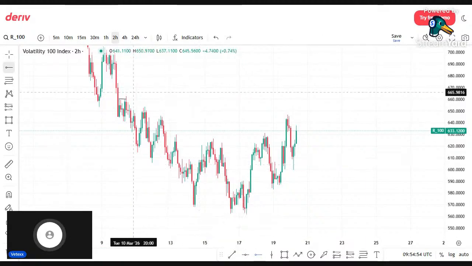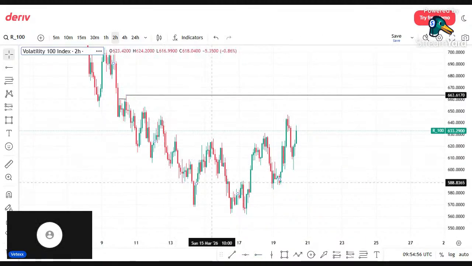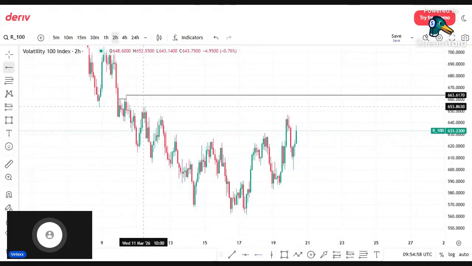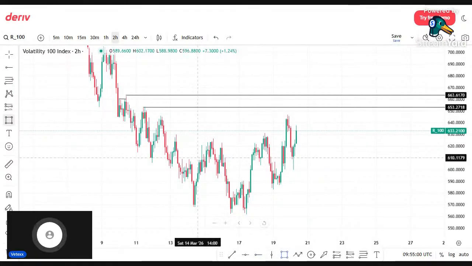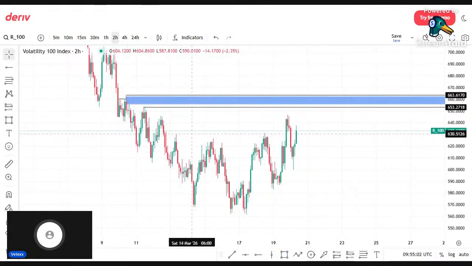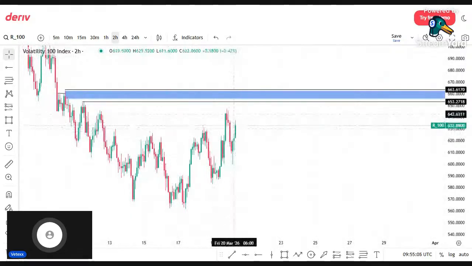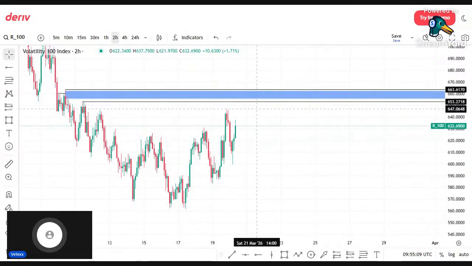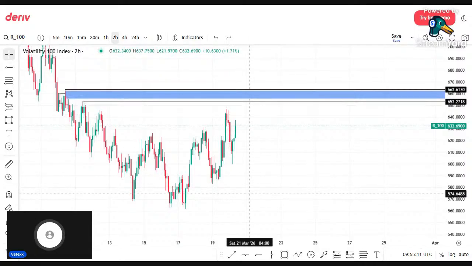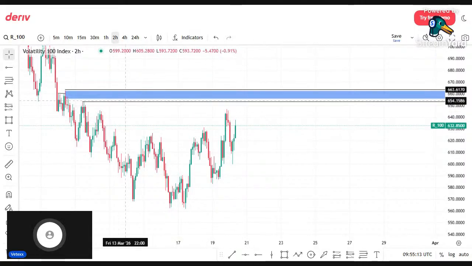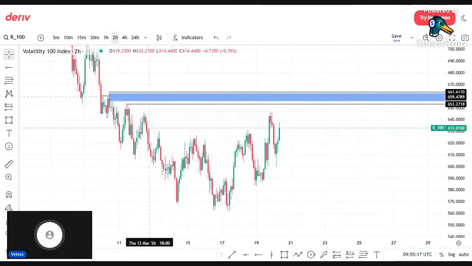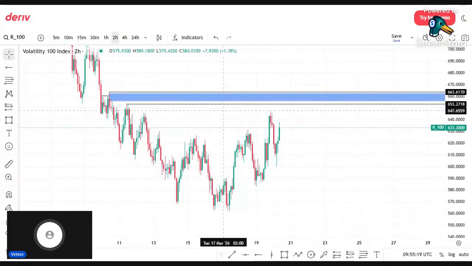We have our protected high, which is this, and then we have structural liquidity, which is this one, and this is our point of interest. So we are anticipating price to tap into this zone, right? Give a continuation setup and then drop to the downside, right? So this is what we're anticipating on V100 on the 2-hour time frame. So you mark this and be on the lookout for this.